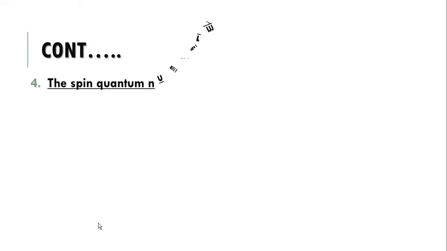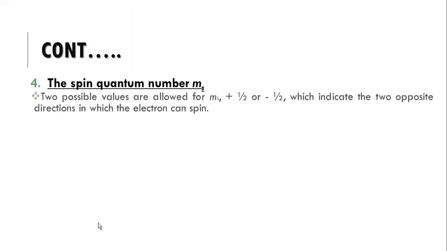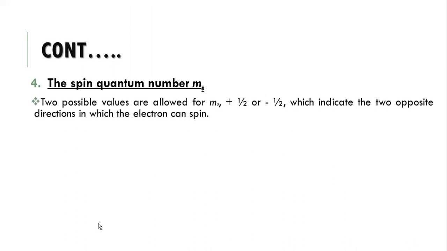Next, the fourth quantum number is MS, which we call the spin quantum number. Here we are talking just about the spin of the electron. Under the spin quantum number, there are only 2 possible values allowed.